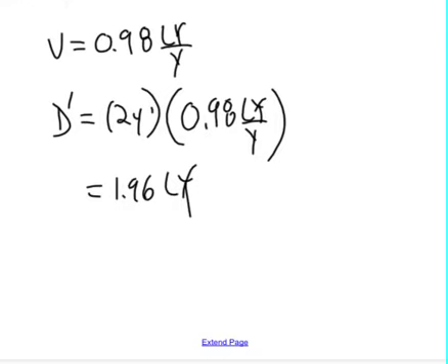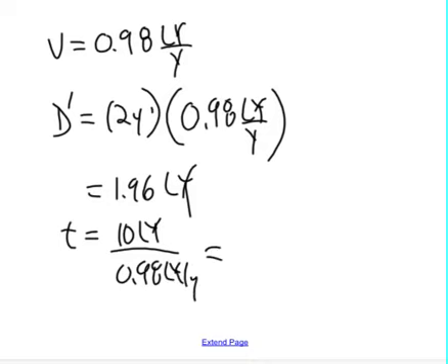But the Earth thought the trip took a long time because as far as the Earth is concerned, they traveled a total of 10 light years at a speed of 0.98 light years per year. So they're going to claim the trip actually took closer to 10 years, or actually 10.2 years.